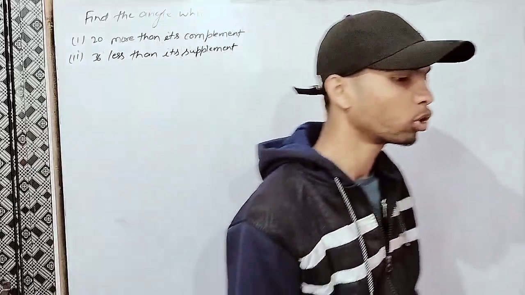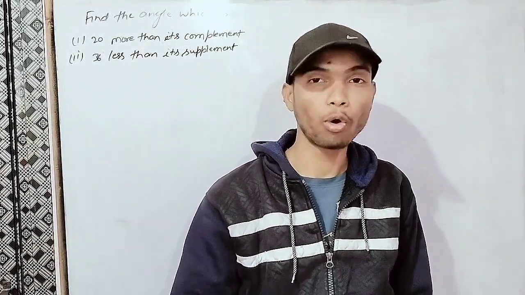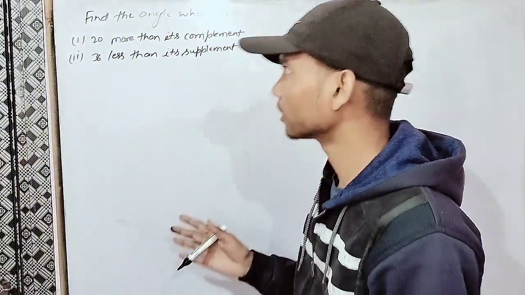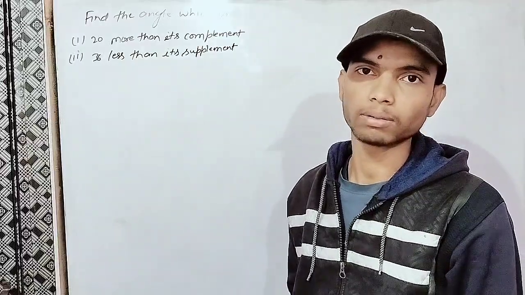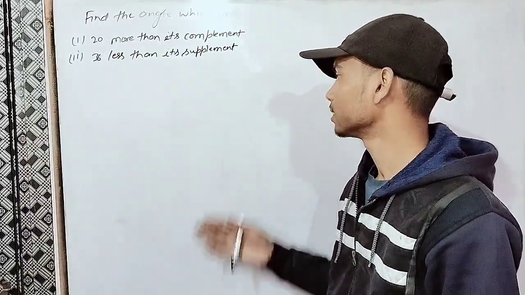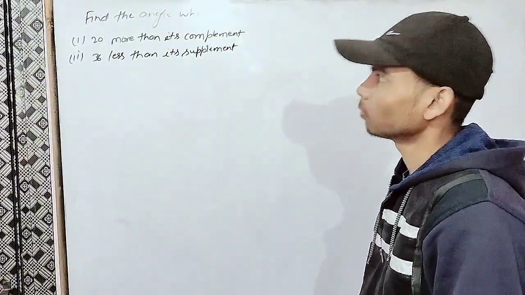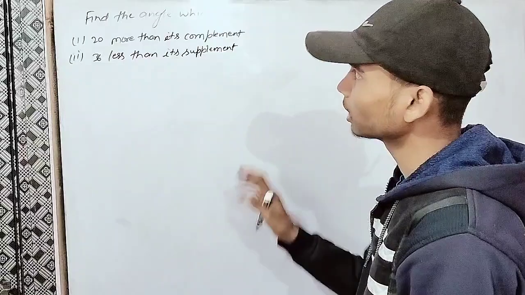Look, buddy. We have to find out the complement angles. But we don't have any angles, neither the value of the first angle nor the value of the second angle. It's a question. We have a statement, and the statement is the same. You have 20 more than its complement.